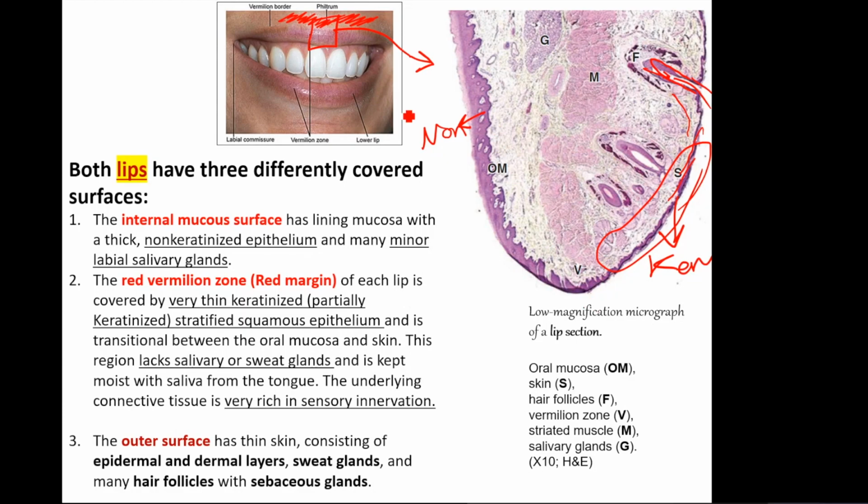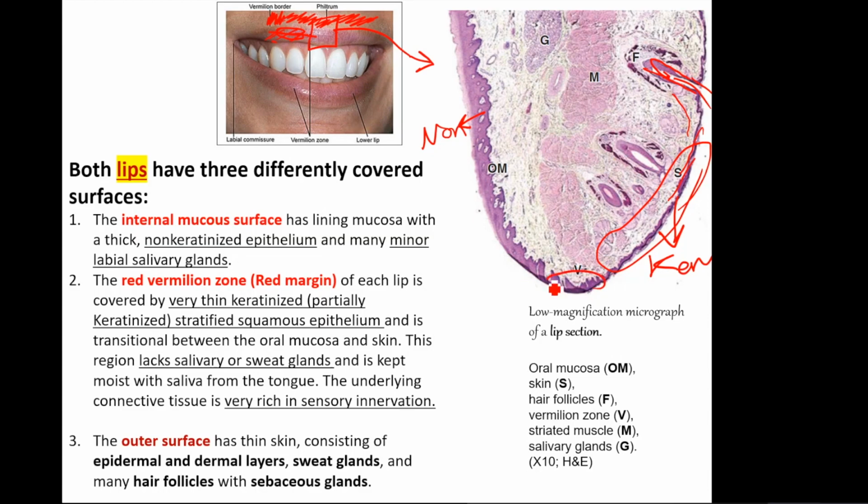Furthermore, at the edge, guys, the transitional zone between the skin outside and the internal side of your lip is the red vermilion zone. This is known as the red margin, or red zone.